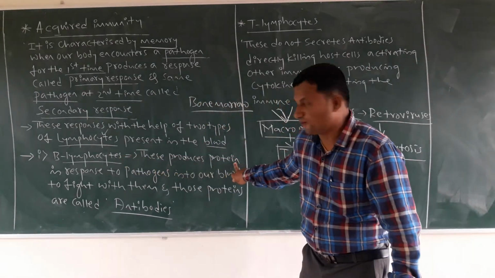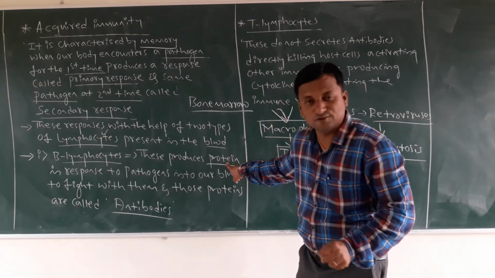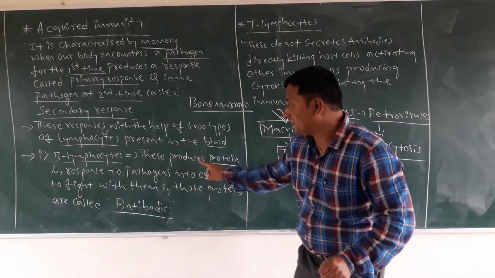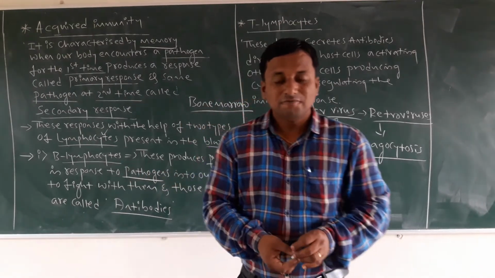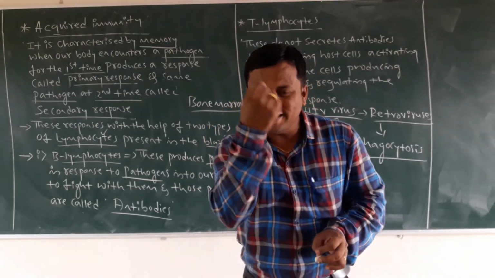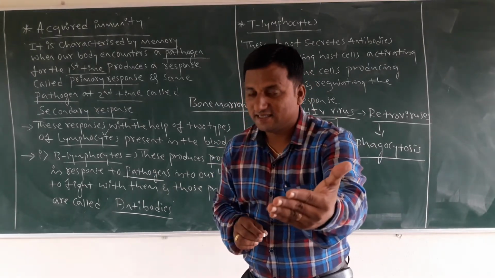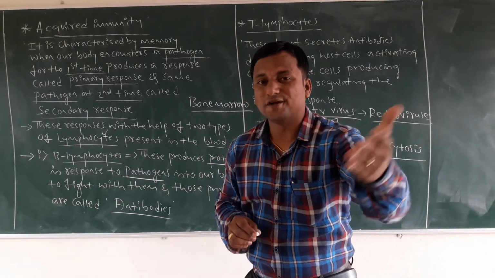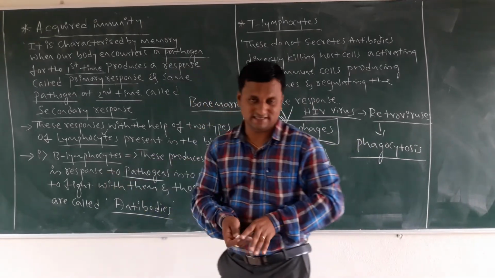What do B lymphocytes produce? They produce proteins in response to pathogens. This is a very important point. Whichever type of pathogen enters our body, against that, they produce the proteins. That's why these are called antibodies.